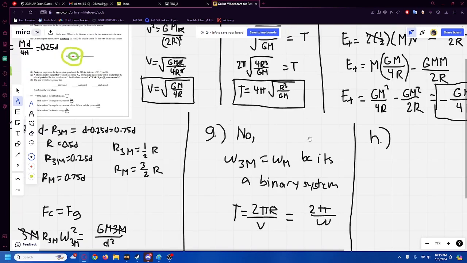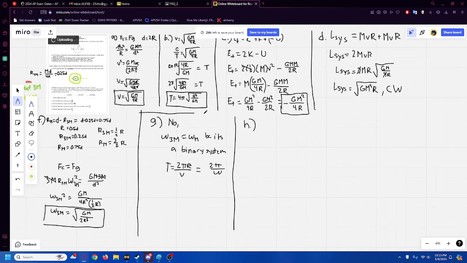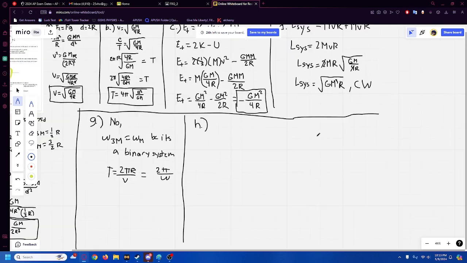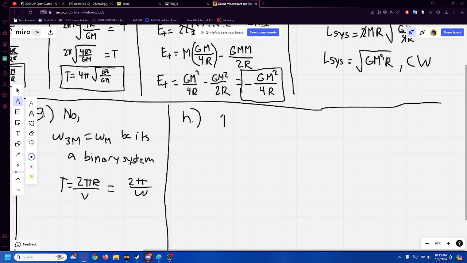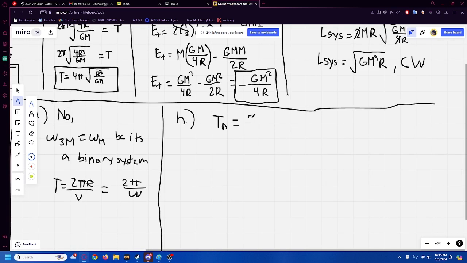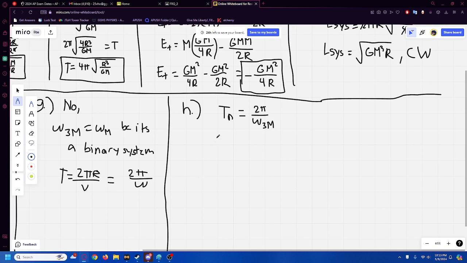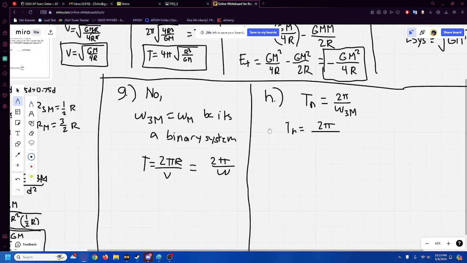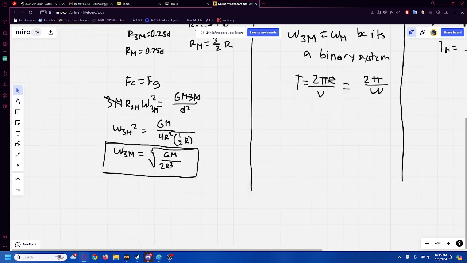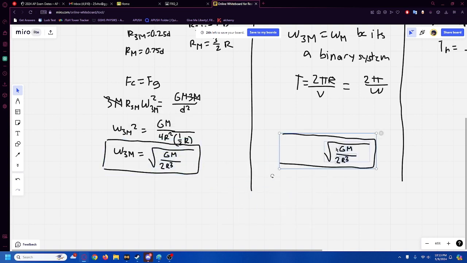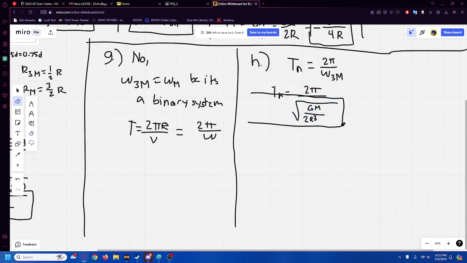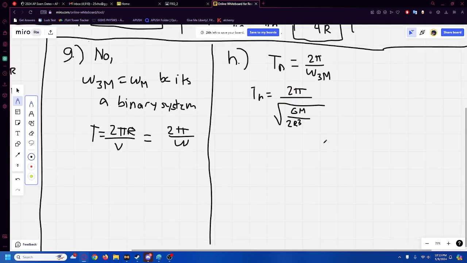Part H is asking for the new orbital period. T_new is equal to 2π over ω_3m, as we found over here. So T_new is equal to 2π over √(GM/2R³).